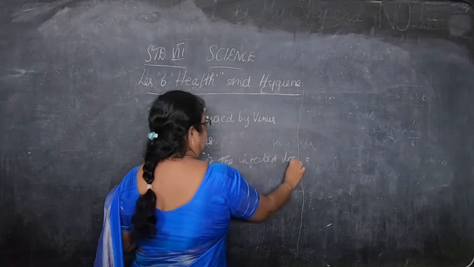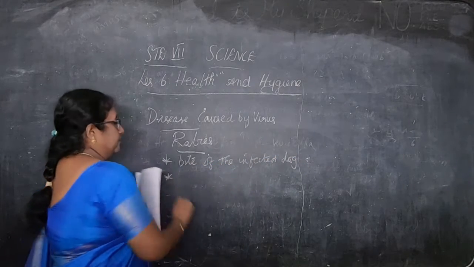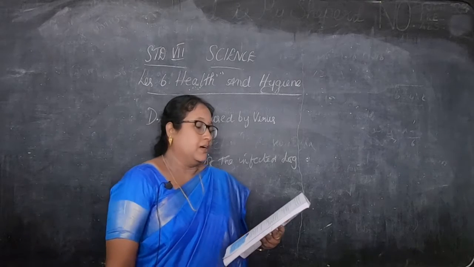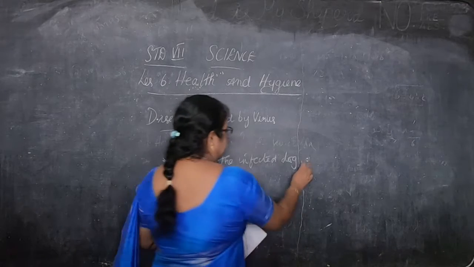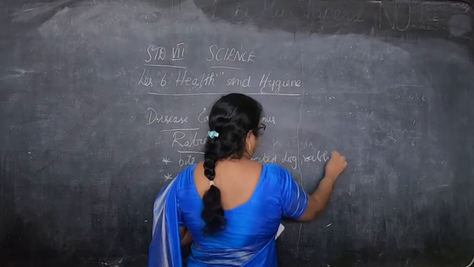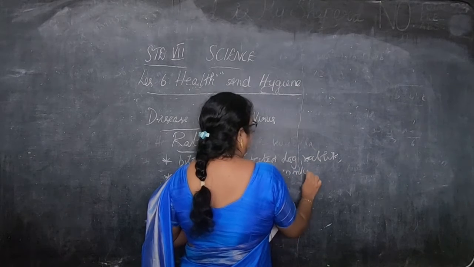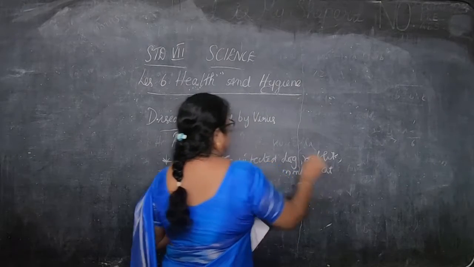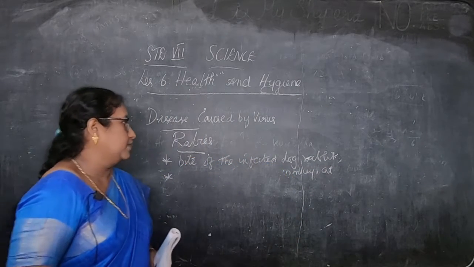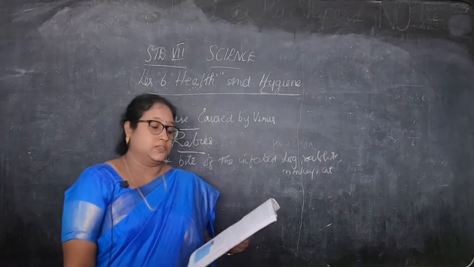When they bite, rabies is transmitted to us, okay? Dog, rabbit, monkey, cat, etc. So when these diseased animals bite us, we are infected by the disease called rabies.